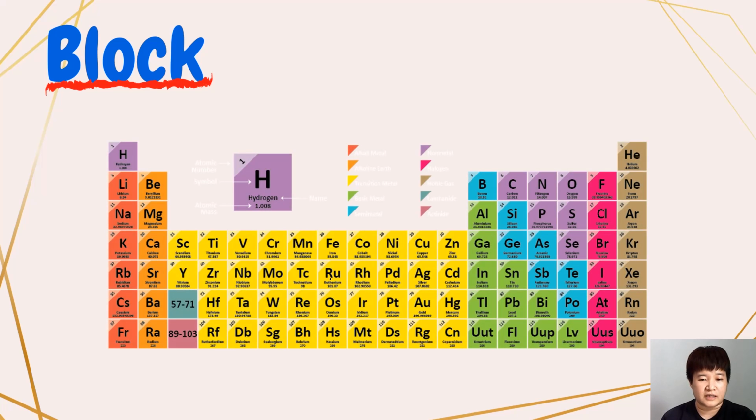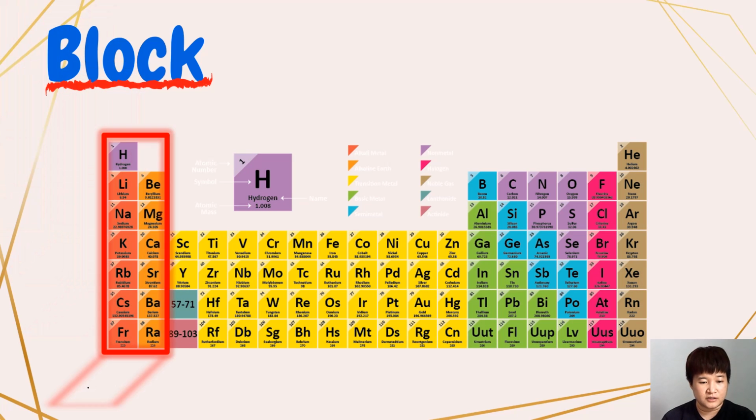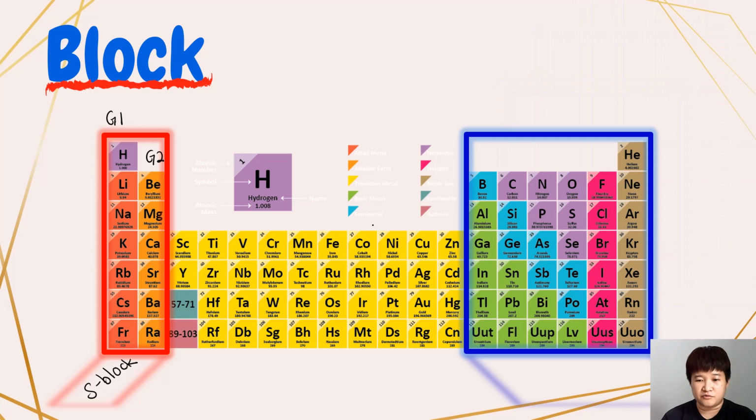The first block that we are going to look into is the S block. Your S block is your group 1 and group 2 elements. Next, we have group 13 all the way to group 18, which is what we call the P block.